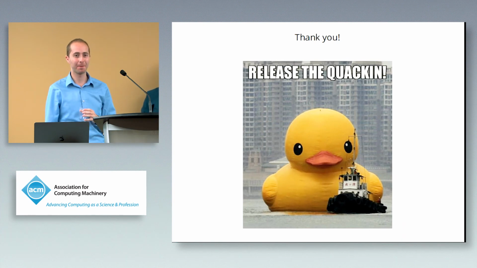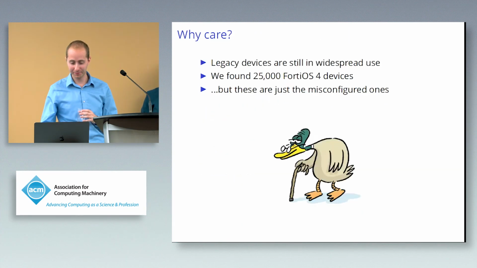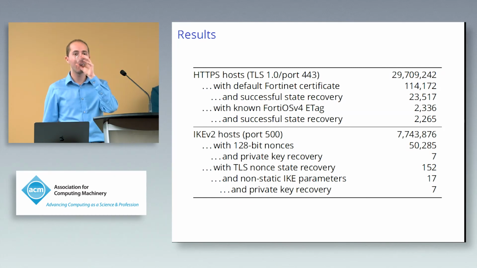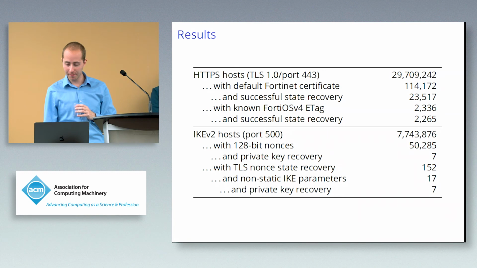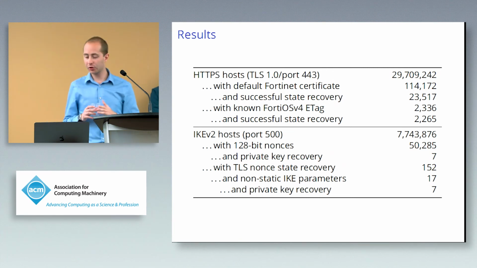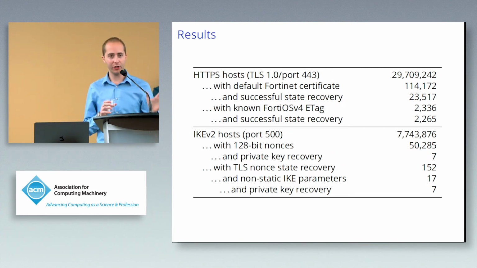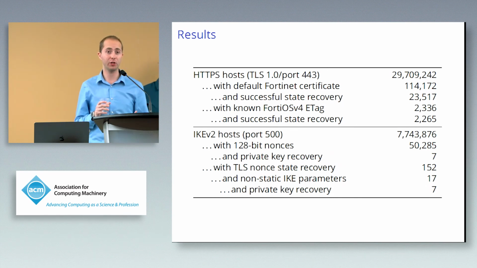So on your results slide, why was there such a big gap in lines 2 and 3 above and below the line? Like from 114,000, you can only recover 23,000 or 7. So at least, firstly, with the HTTPS devices, we weren't able to identify which version of the software we were running.